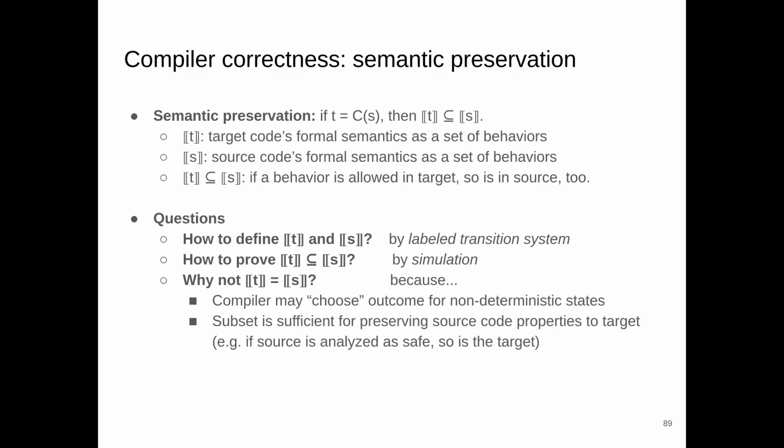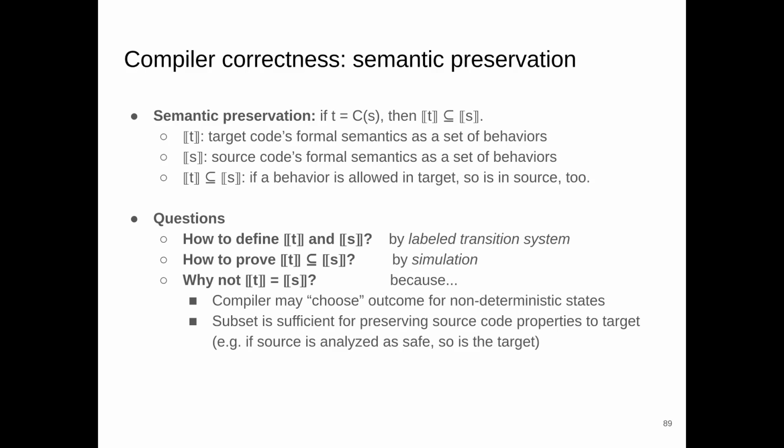Another is printing 2, printing 3, printing 4, etc. It is having many behaviors, each printing an integer to the screen. So as a result, the target code's formal semantics should be represented as a set of behaviors. The source is the same thing.